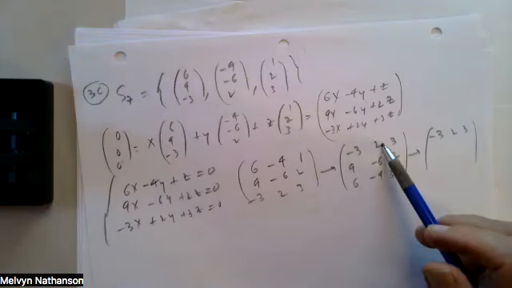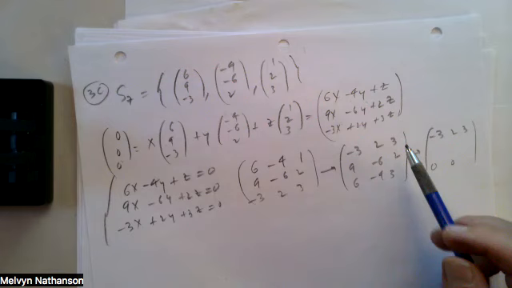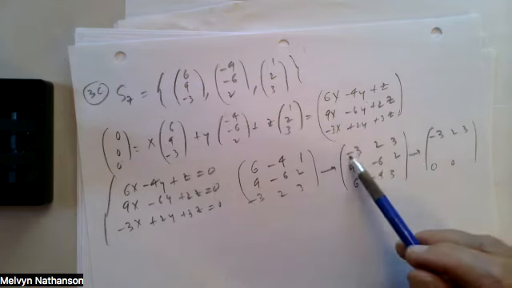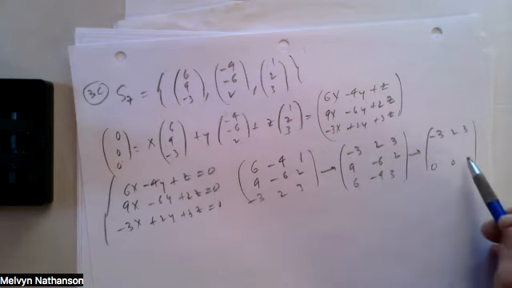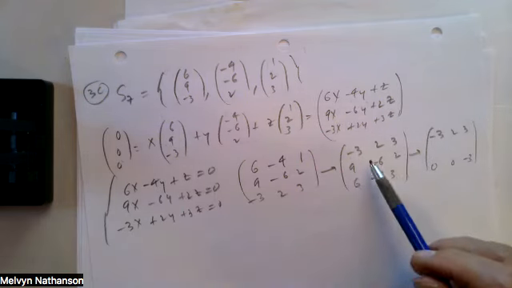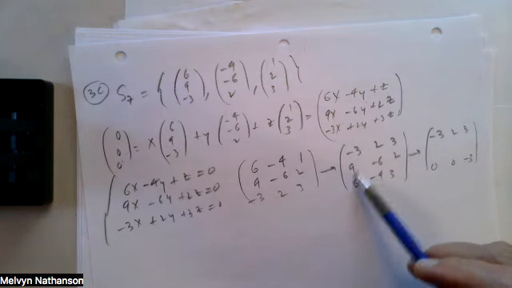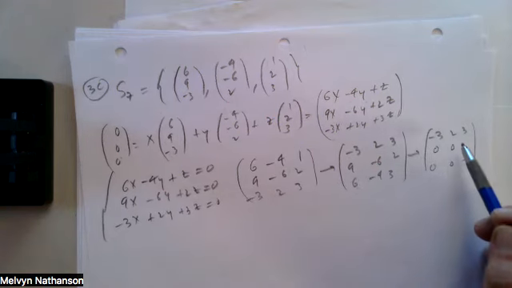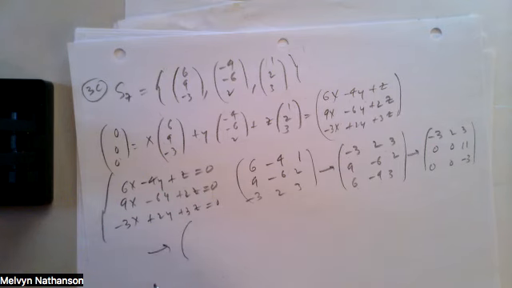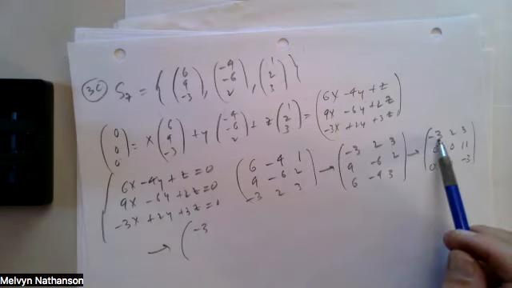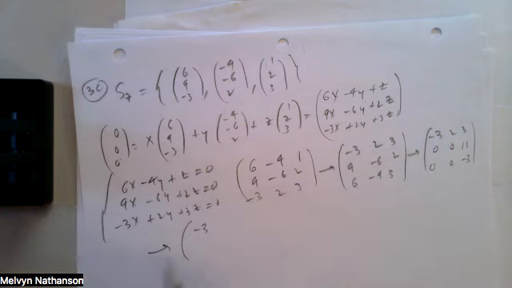Minus 6 plus 6 is 0. 4 minus 4 is 0. So I'm taking minus 2 times this plus this. Minus 6 plus 3 is minus 3. And if I add 3 times the first row to the third row, I get 0, 0, 11. And so this is minus 3, or if I want, I can divide the first row by minus 3.